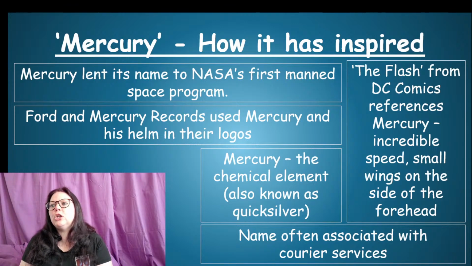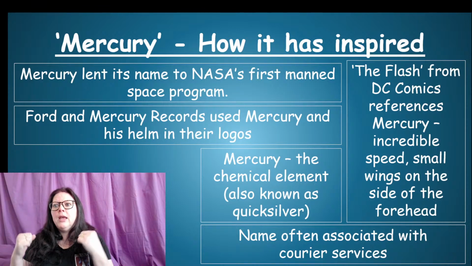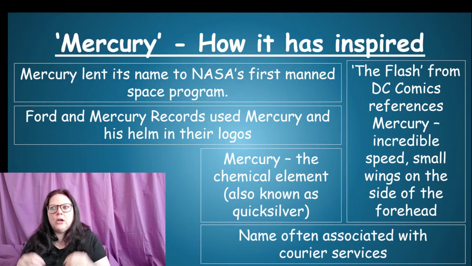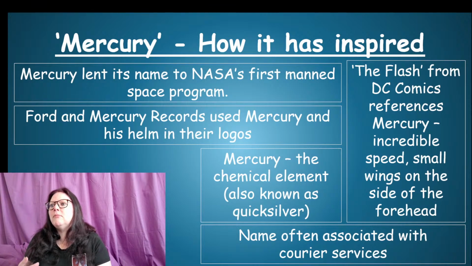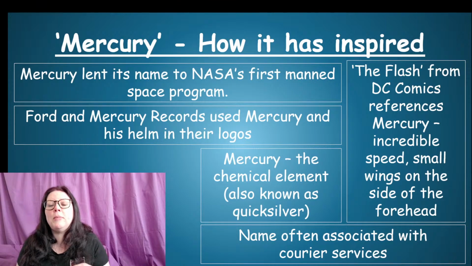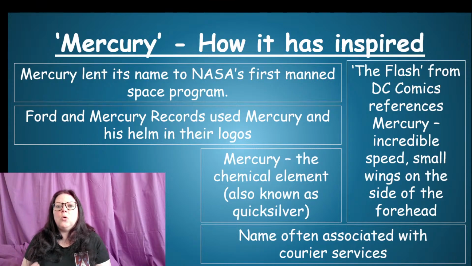The Ford Motor Company's first logo was a profile image of Mercury in his winged helm. Mercury Records, the record label, used the Mercury helm as a logo as well. The god has appeared in sculptures, mosaics, paintings since Roman times. DC comic book character The Flash also references Mercury, his incredible speed.